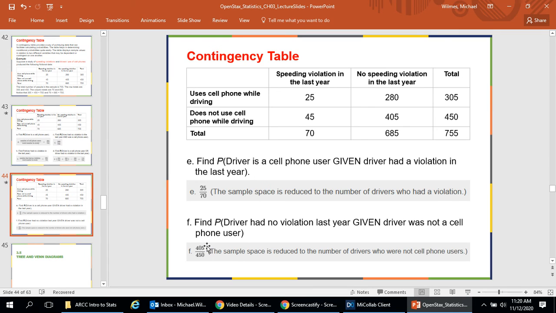No ticket over no phone use. You can compare these two probabilities, and you can find out that the cell phone users, people breaking the law, were much more likely to get a violation, which makes sense. People not breaking the law were not given tickets. All right, so that's it for contingency tables. Pretty straightforward.